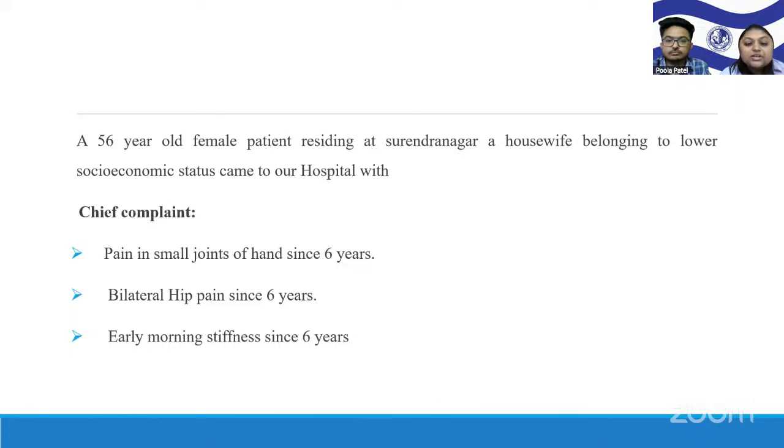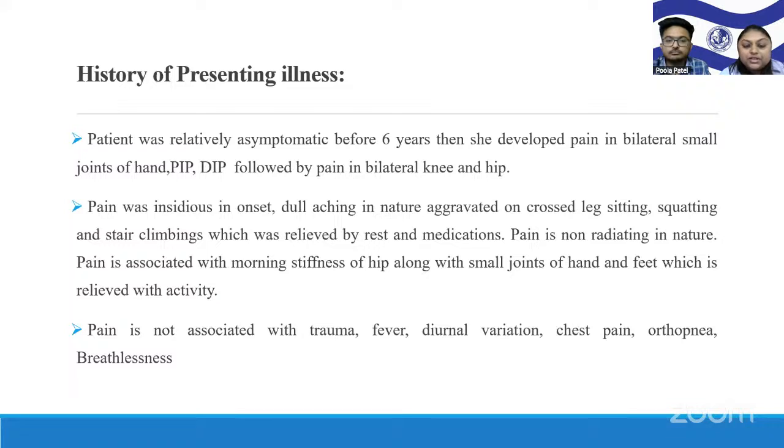socioeconomic status, who came to our hospital with the chief complaint of pain in small joints of the hand since 6 years, with bilateral hip pain and early morning stiffness since 6 years. The patient was relatively asymptomatic before 6 years. Then she developed pain in bilateral joints of the hand, proximal and distal interphalangeal joints, followed by pain in bilateral knee and hip.